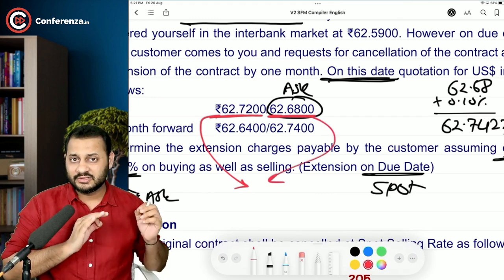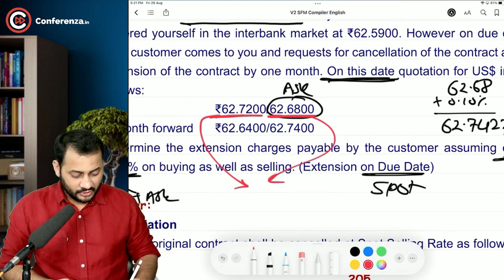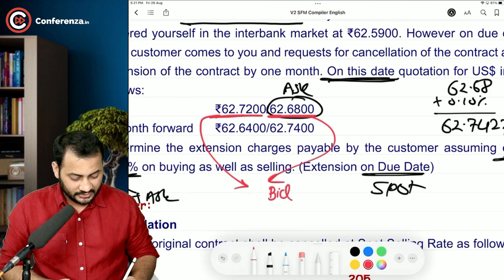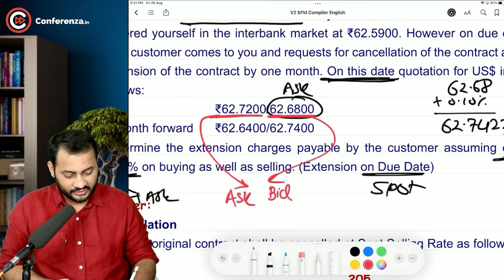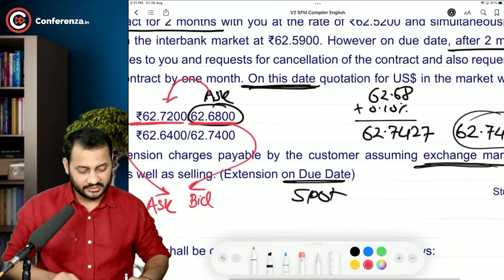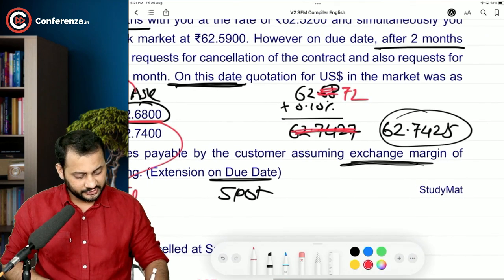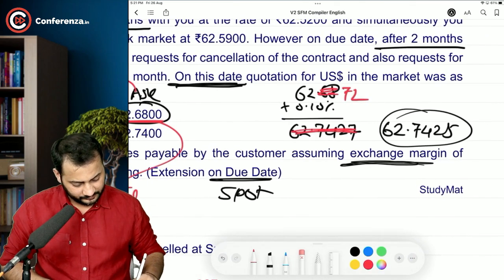Bank will always win. Bank will always buy at a lower rate. So in this question, this becomes the bid rate and this becomes the ask rate. So I will have to take 62.72 as the ask rate, not 68. So it will be 72 and this rate will be changed. Let me change this.